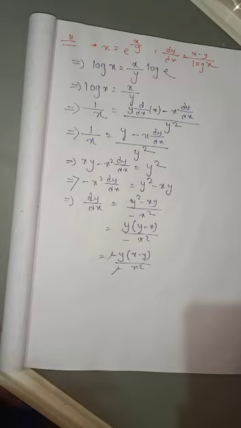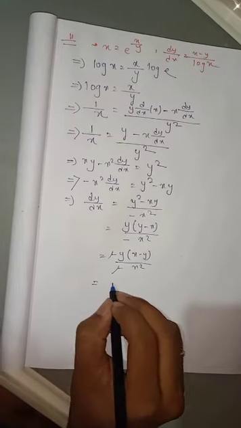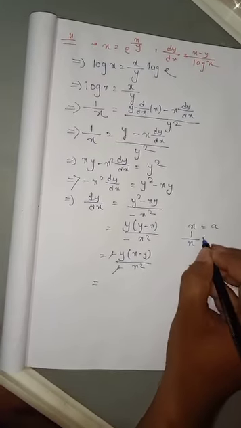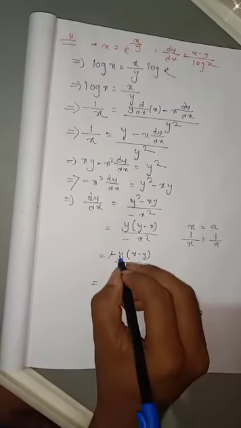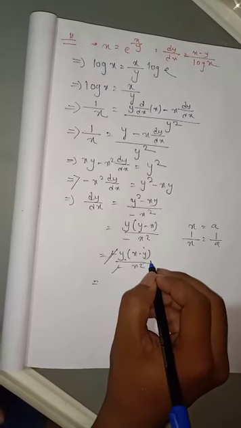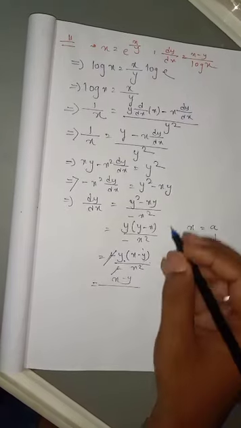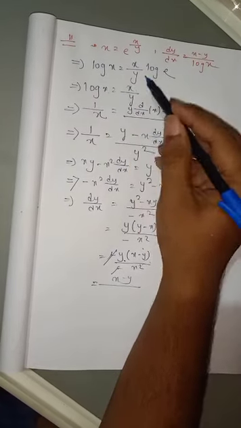You can tell me, if x by y is equal to log x, then y upon x is 1 upon log x. So here x minus y, y upon x is x upon y, log x, y upon x is log x.